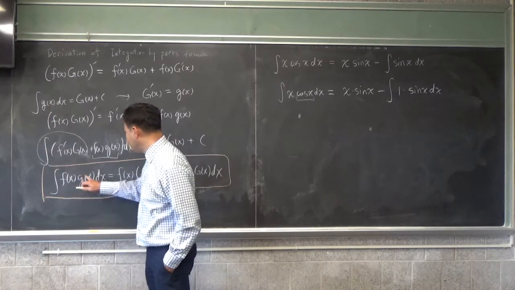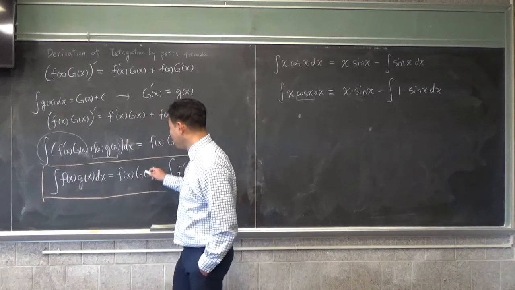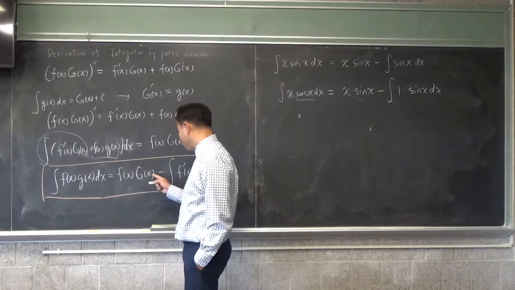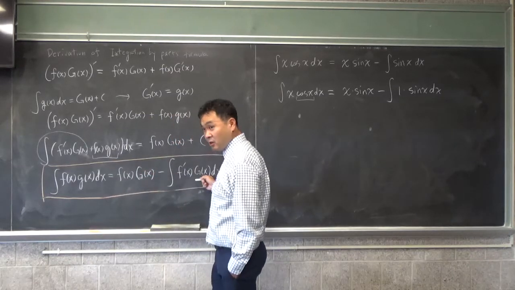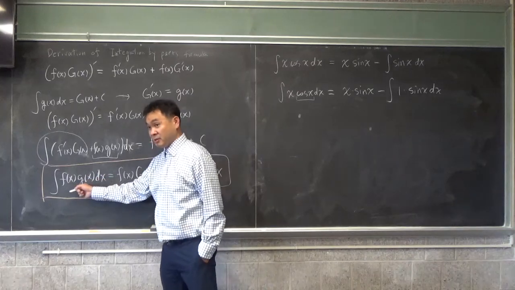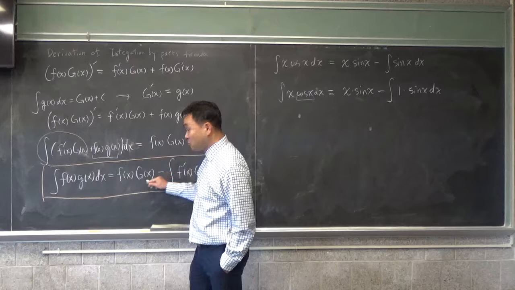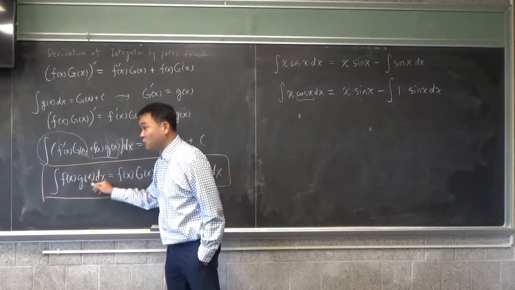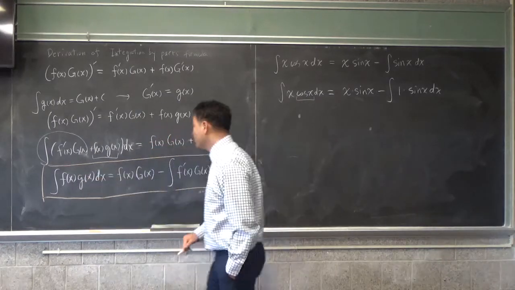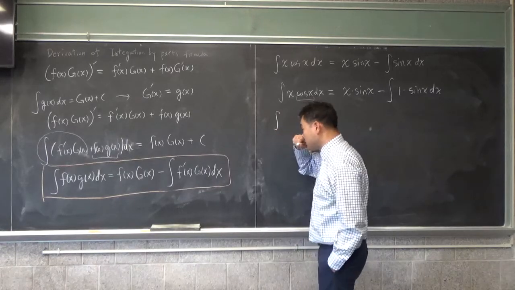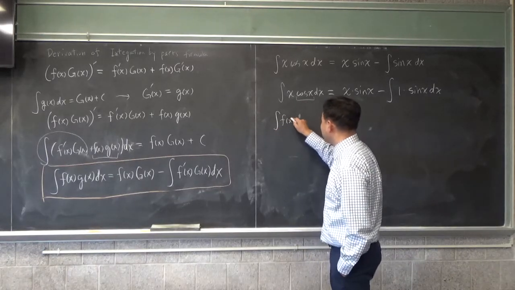Instead of using g and capital G, because people get confused when they see capital G, they just use small g for this one, small g for this one, but then this will be the g prime then, right? You see what I'm saying? If you demote this to small g of x, then this will be further demoted to g prime of x, right?